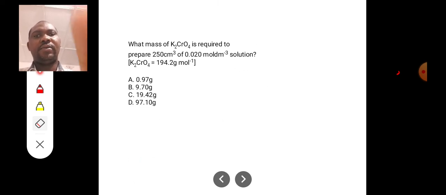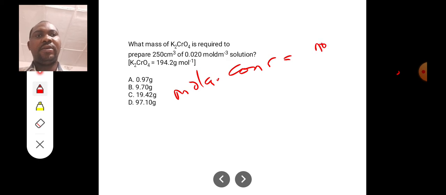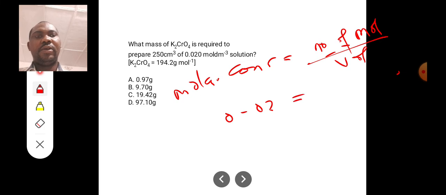Since we know that molar concentration is equal to number of moles over volume, the molar concentration is 0.02, the number of moles we don't know, all over volume.